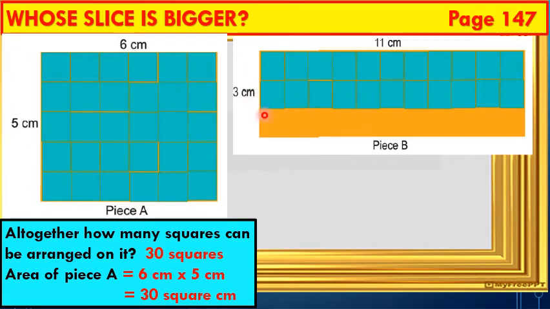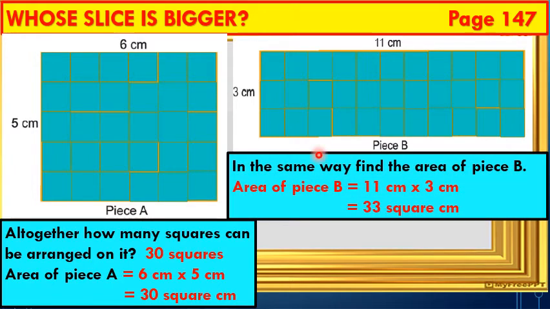And finally, 11 green squares in third line. So total in 3 lines, we arranged 11 ones are 11, 11 twos are 22, 11 threes are 33. That is total 33 green squares we arranged.